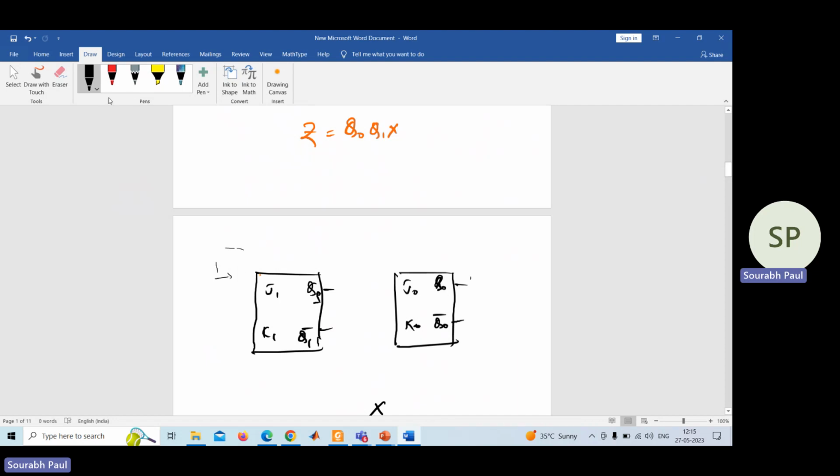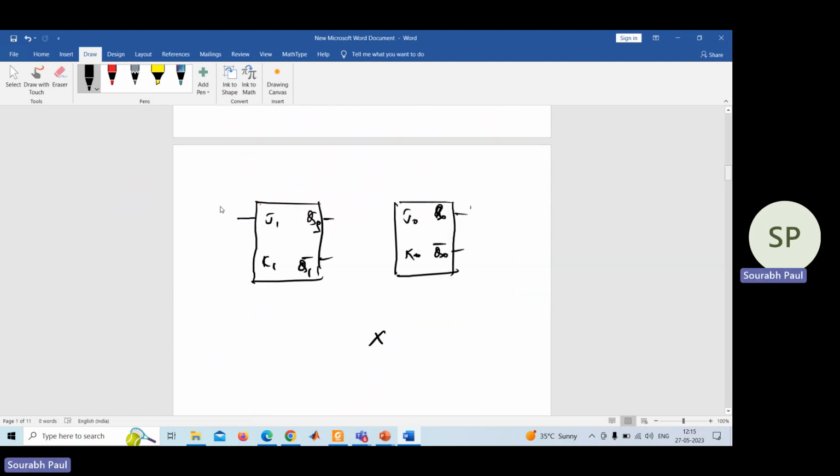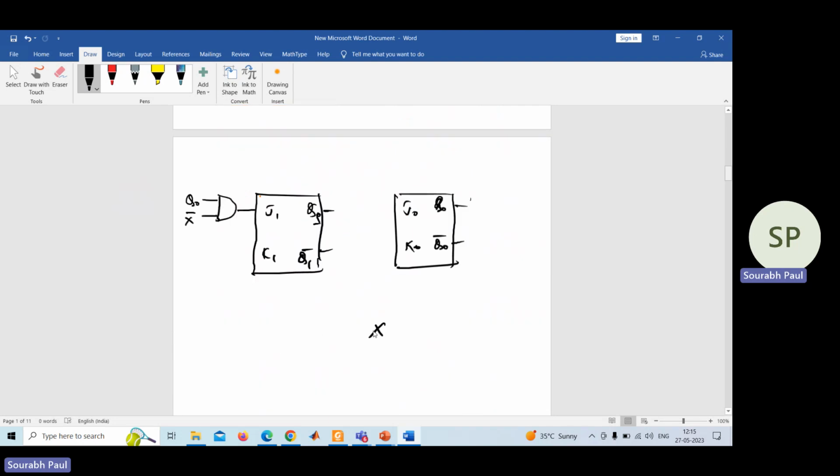So in order to handle this problem, directly I'll give the input here. J1 is having the value of Q0 X bar. This is AND relation actually: Q0 and X bar. Ideally, you have to take a line from this X input, use a NOT gate, then give it to here, and Q0 you have to collect from this terminal.